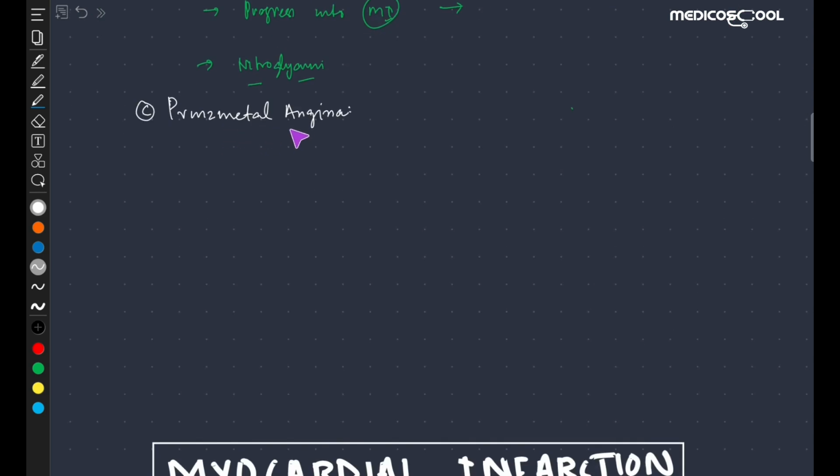Now coming towards the Prinzmetal angina. It is an episodic chest pain, and it is unrelated to exertion. It is caused mainly due to coronary artery vasospasm.